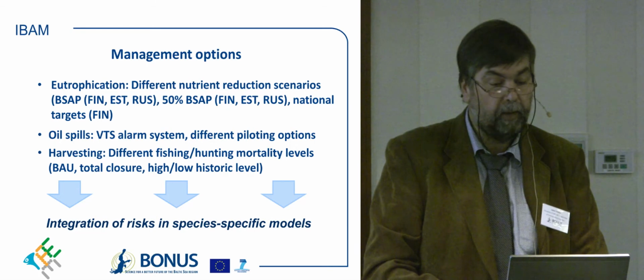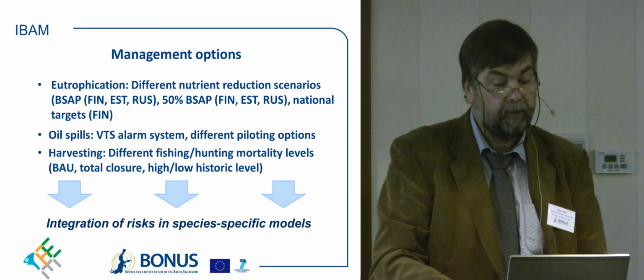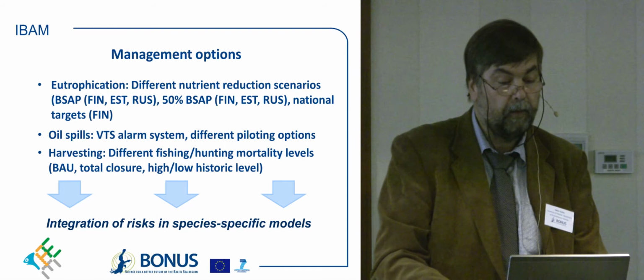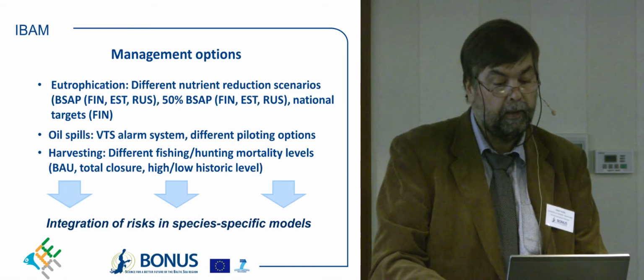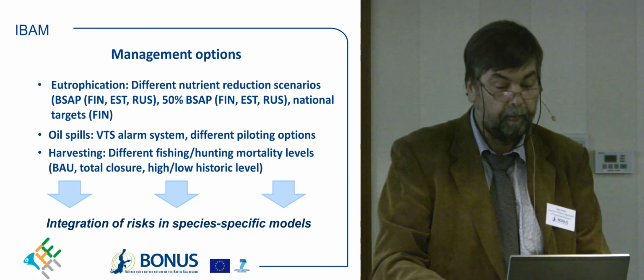And in comparison, we look as well at the national targets of Finland. In the case of the oil spills, we look at different ways to reduce the probability of a spill, an improved VTS alarm system, and different piloting options for the Gulf of Finland as well.